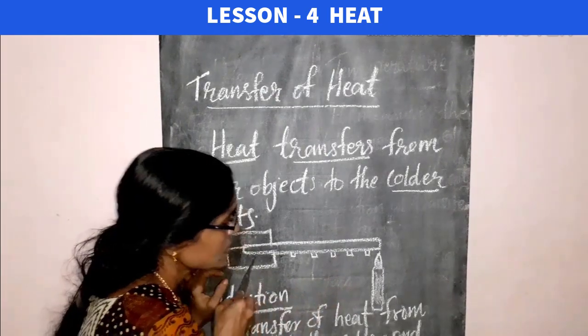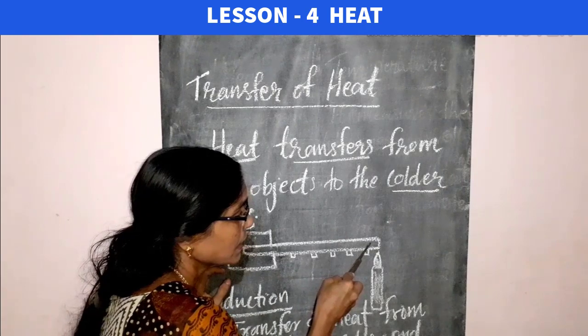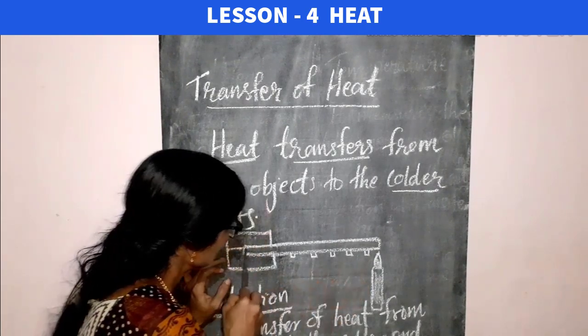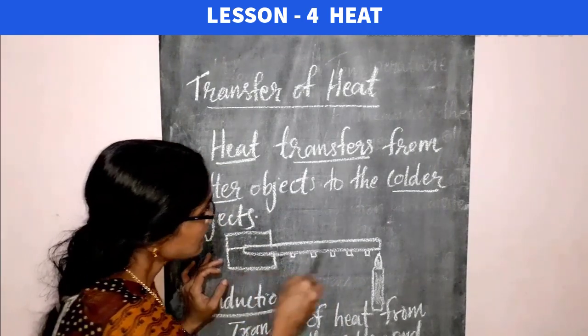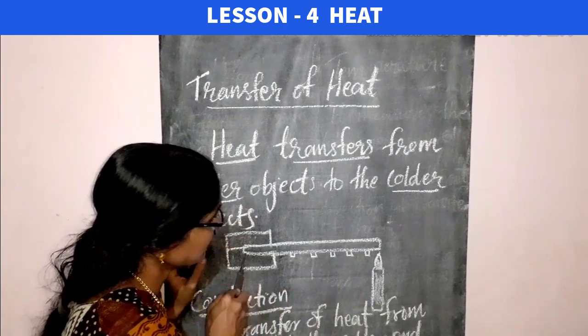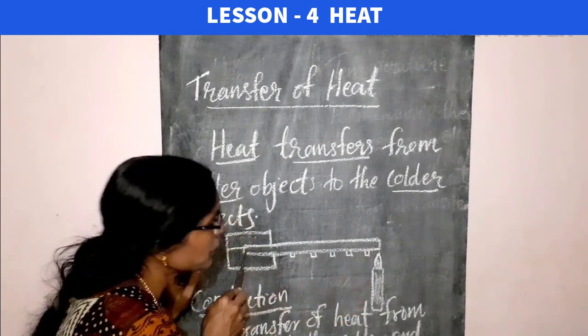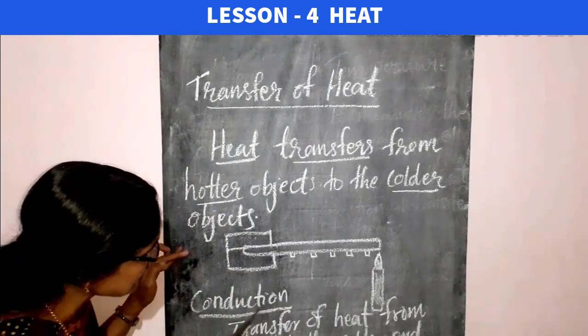This is because the iron rod allows heat to pass from this end to the other end. This type of transfer of heat from the hotter end to the colder end of an object is called conduction.